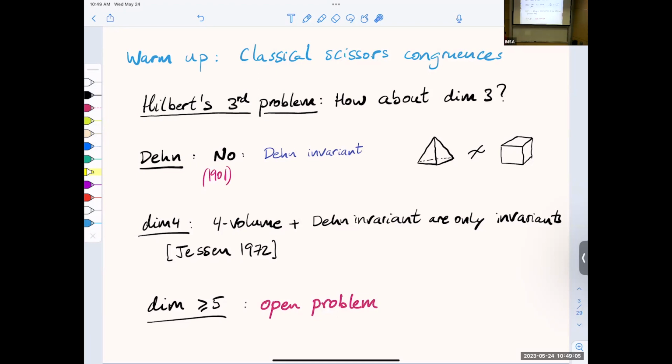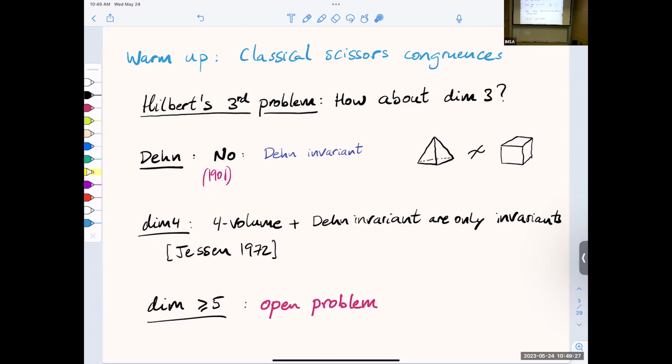So that question essentially was, how about dimension 3? So Hilbert gave this problem, dimension 3, to a student of his, Dehn, and he thought, well, this is going to be a PhD problem, a very hard problem. It is a hard problem, but Dehn figured it out pretty soon.